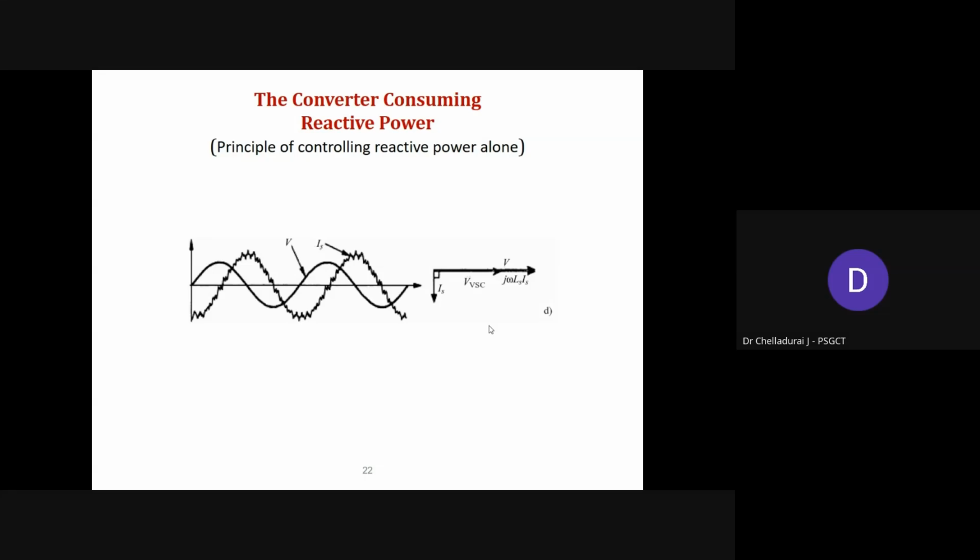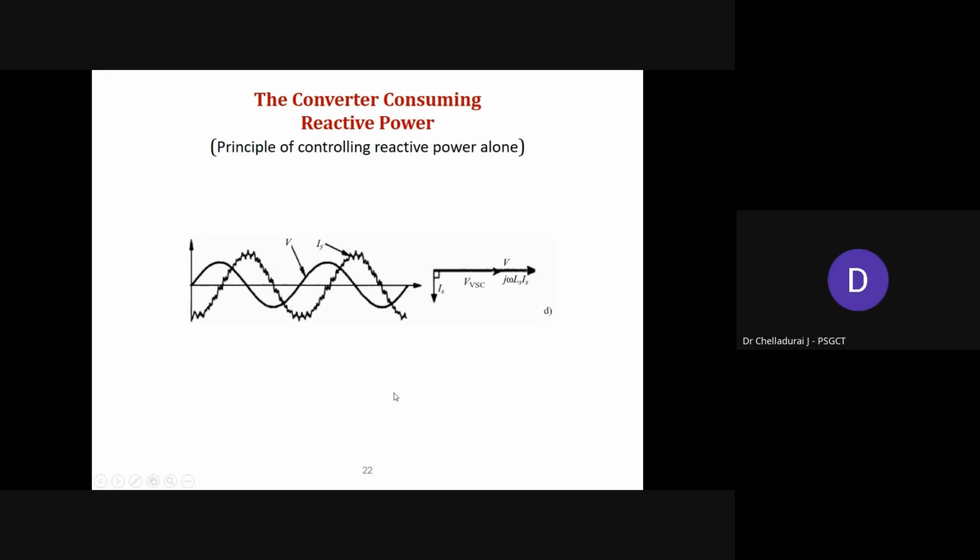So the second very important concept in any wind energy conversion system or solar energy conversion system: any particular wind or solar energy conversion system can be used to inject only reactive power if it is required. So for such applications, how do we inject only reactive power by using an inverter?